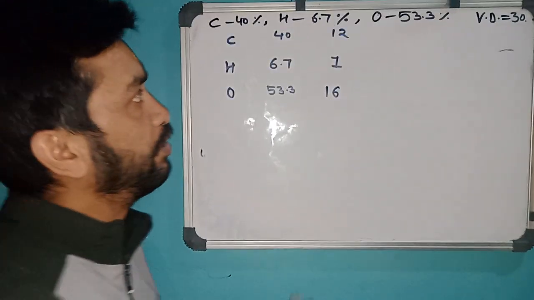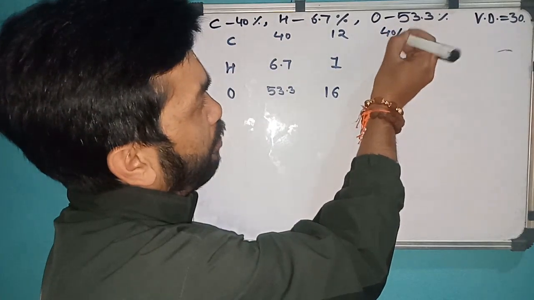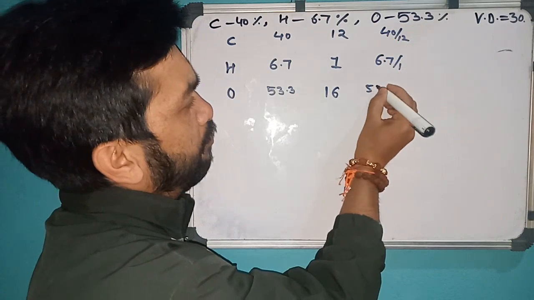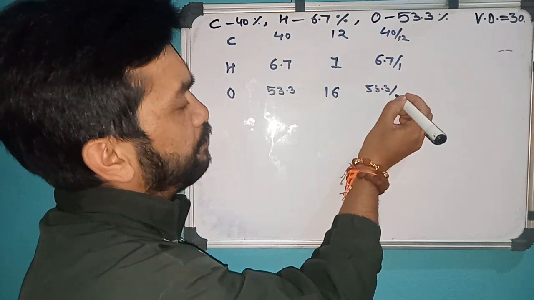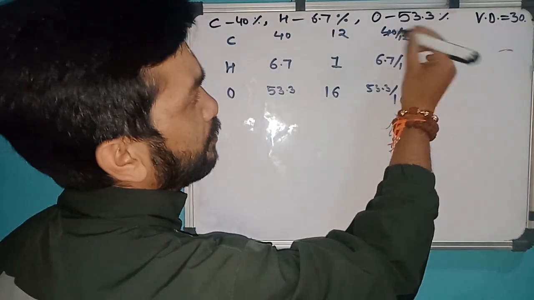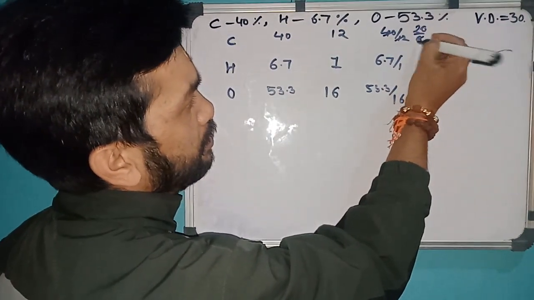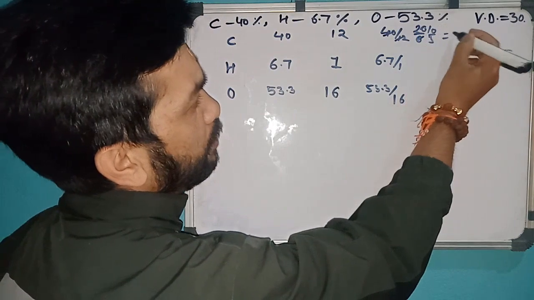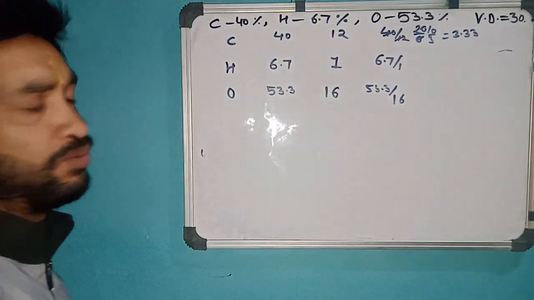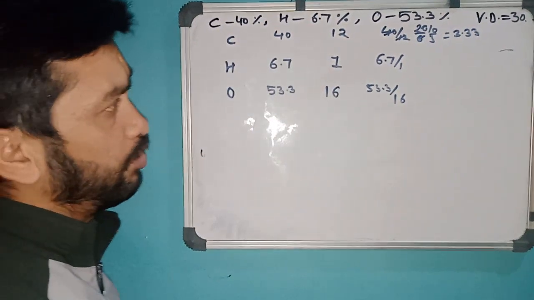Step 2 is over. Okay, now third step, 40 by 12, you have to take the smallest ratio. 6.7 by 1, 53.3 by 16. Okay, so 40 by 12 will become 20 by 6, 10 by 3, it will come out to be 3.33. Okay, it is a non-terminating decimal.